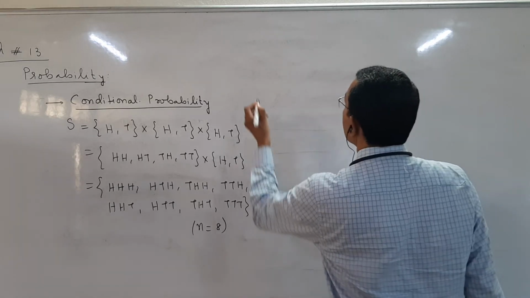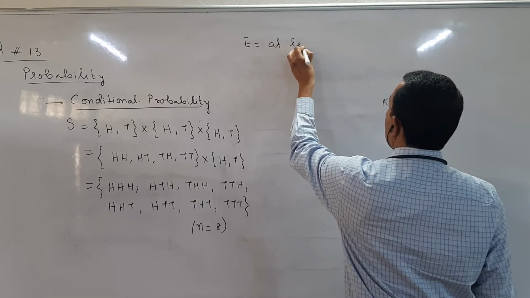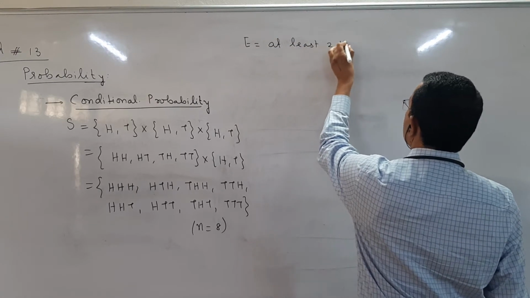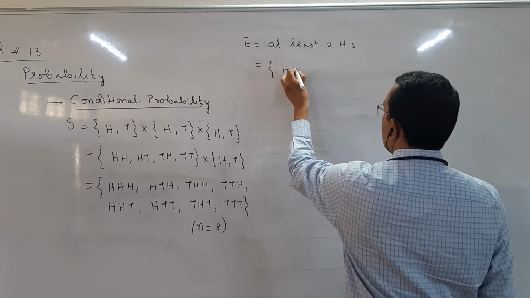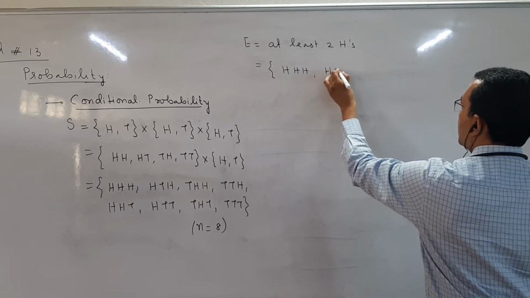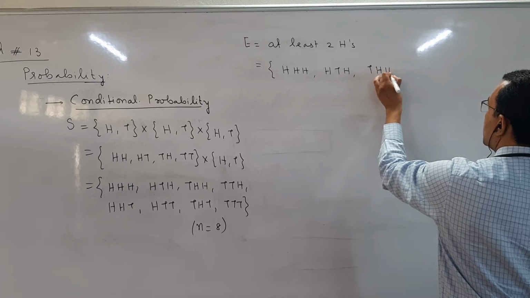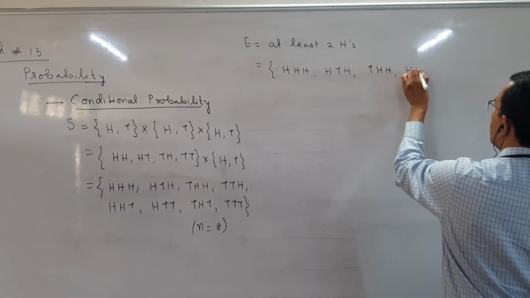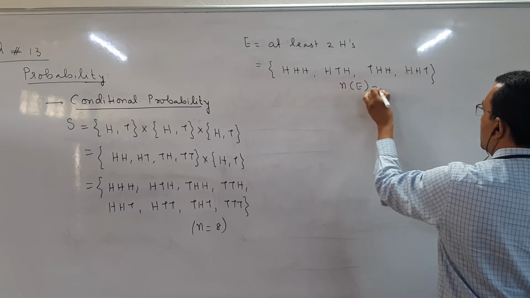Based on this, I am defining 2 events. Event E, at least 2 heads occur. So we will have HHH, HTH, THH, and HHT. Total outcomes of E are 4.